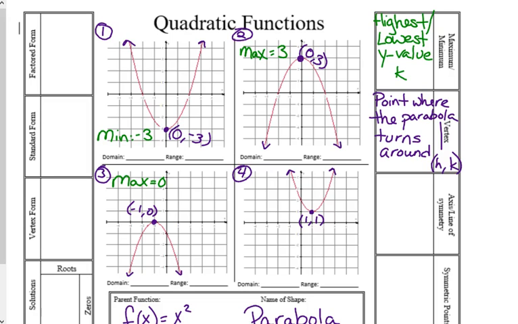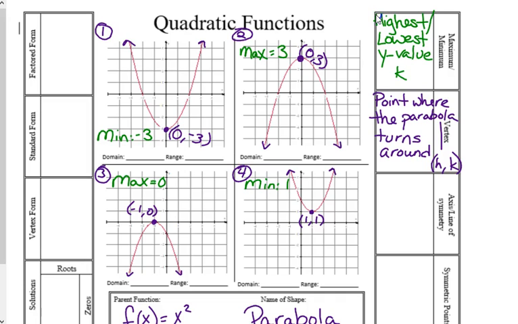And for our 4, our minimum is 1. And you'll notice that the maximums are the parabolas that look like frowns. They have a highest point, and the minimums go with the parabolas that look like smiles. They point up. Smiles are called concave up. Frowns are concave down. Remember that because down rhymes with frown.